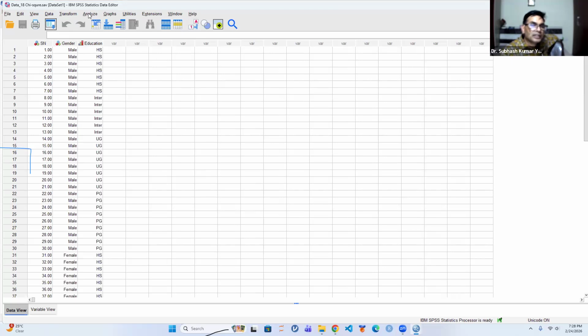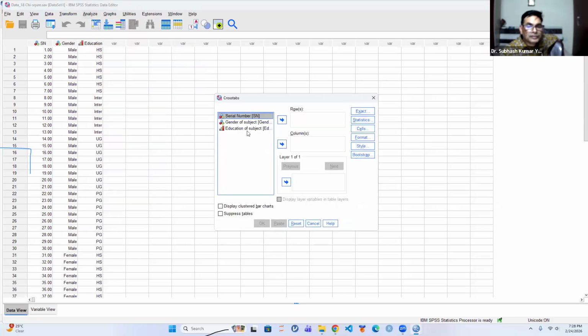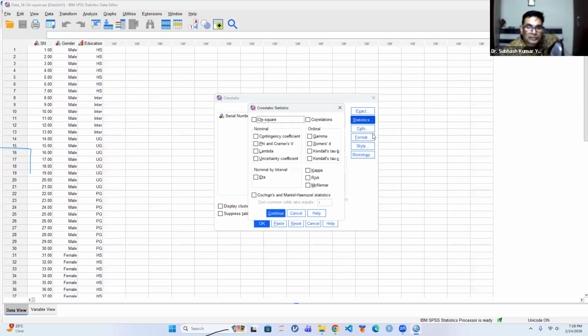So go to Analyze, then Descriptive Statistics, then Crosstabs. Just put one variable here, another variable here, and you can either click on OK or you can go for these options as well.